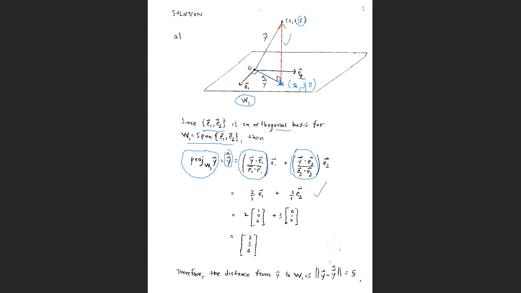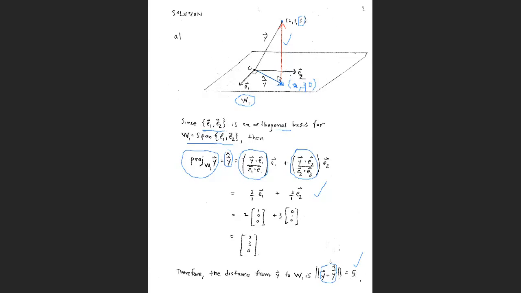Okay, what do we do to confirm our distance mathematically? Well, if you take the difference between the vector y and the vector y hat, subtract those vectors, you're going to get 5.